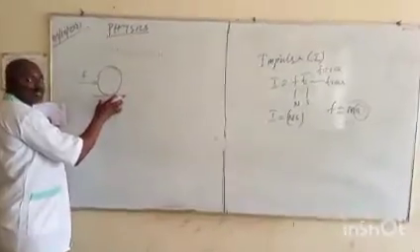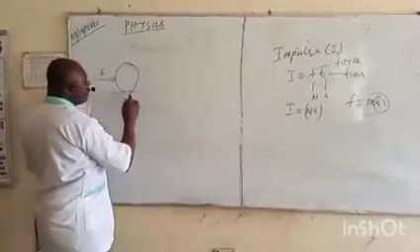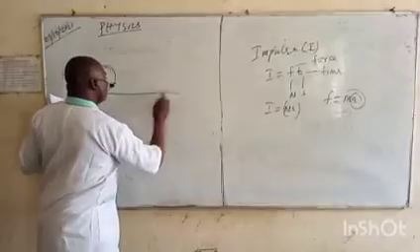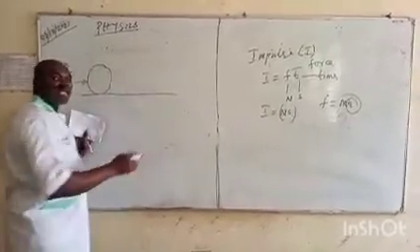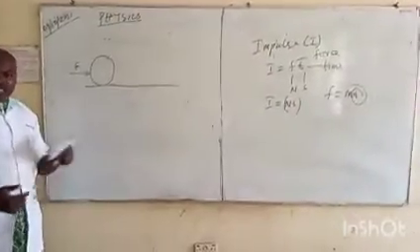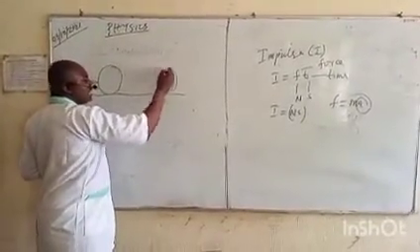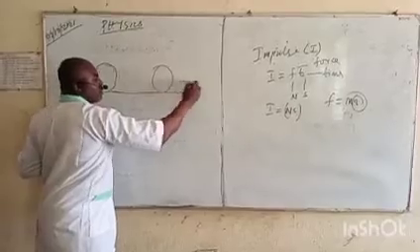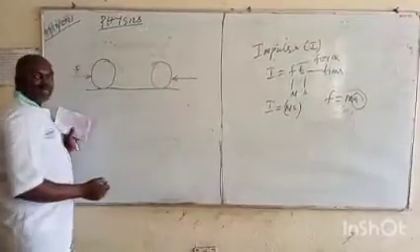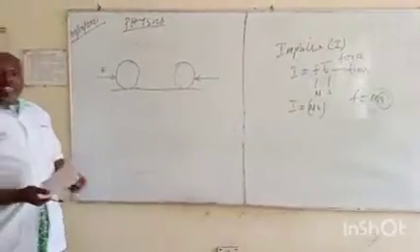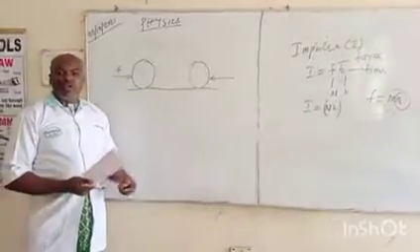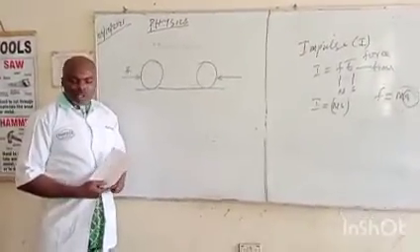Once an external force is applied, it keeps moving. That is what we call uniform motion in a straight line, unless another external force is applied to stop the movement. This was what Isaac Newton explained as Newton's first law of motion.